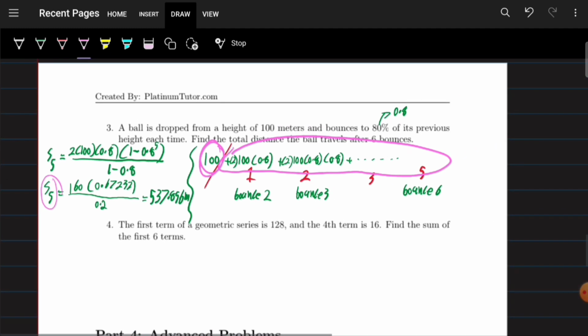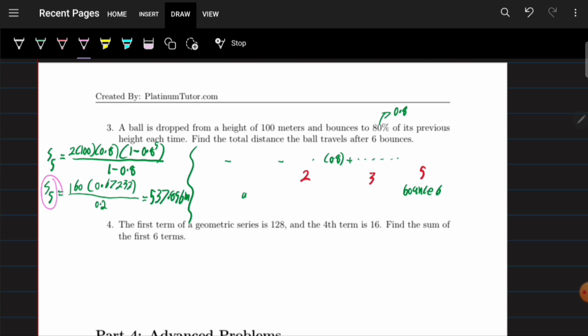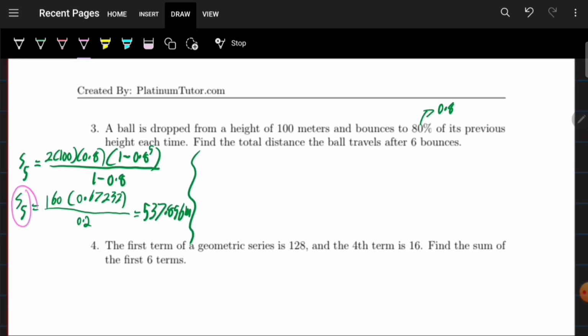So I'm going to erase this now. Again, remember, we're adding in the initial fall of 100 meters because the sum we found didn't include the initial 100 meters. So the total distance traveled is this number plus 100.